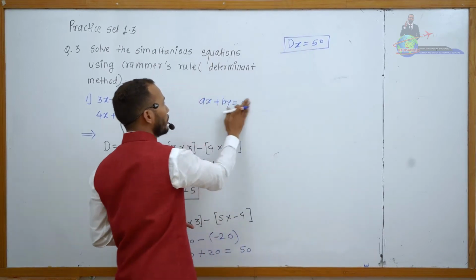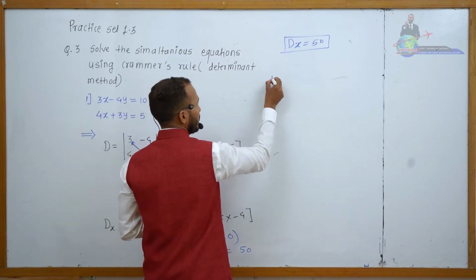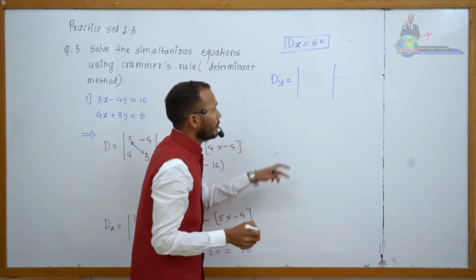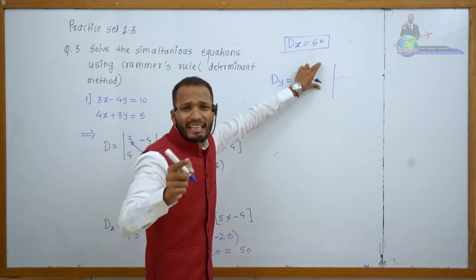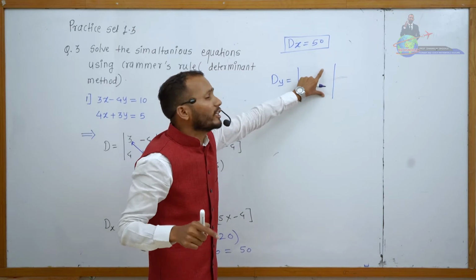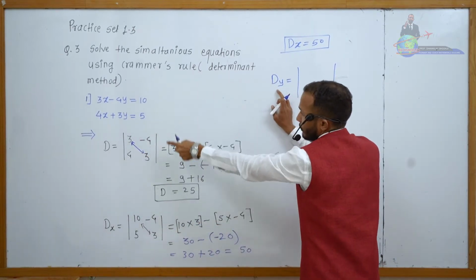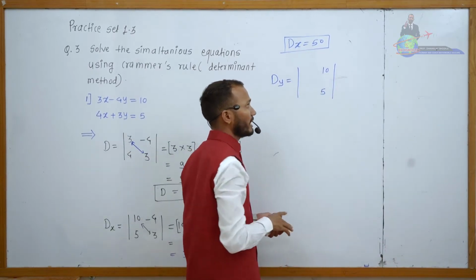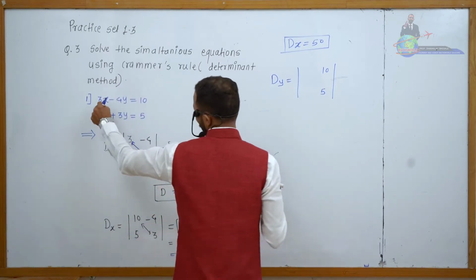Now student, next is Dy. Dy is equal to the determinant, student. First is the coefficient of x and the second column is the coefficient of y, but at the place of the coefficient of y we write the constant numbers because here it is Dy. Which are the constants? 10, 5. 10, 5 are the constants. Now this is the place of the coefficient of x, 3 and 4.